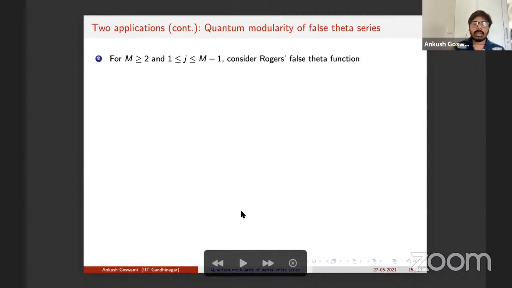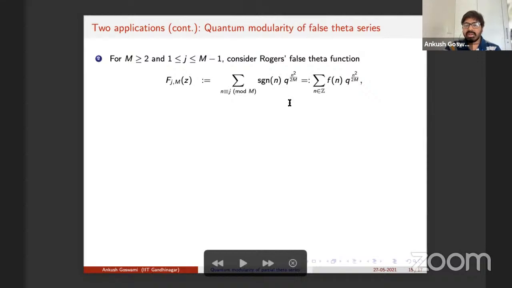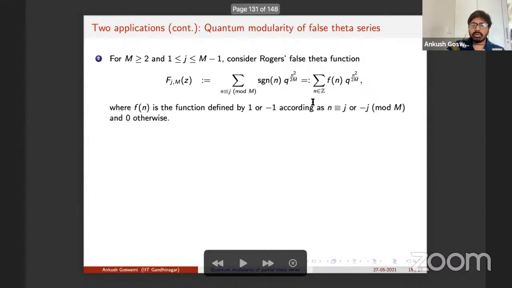So if you take any positive integer m, which is bigger than or equal to 2, and you choose any integer j in between 1 and m minus 1, and consider this Rogers false theta function, denoted by f sub j comma m of z, which is defined to be the sum running over all integers only in this residue class j mod m, of sine of n times q to the power of n squared divided by 2m, then you can actually rewrite this function in this form, where the sum now runs over all integers, and then you have f of n, where f of n is defined to be a function which is 1 or minus 1 according as n is congruent to j or minus j mod m, and 0 otherwise.